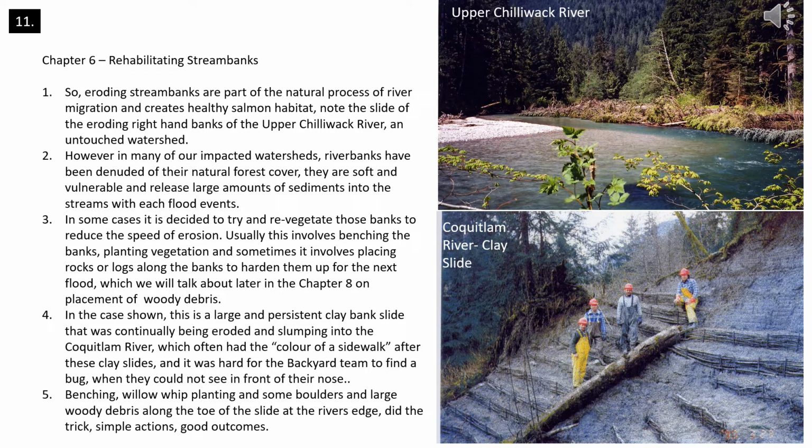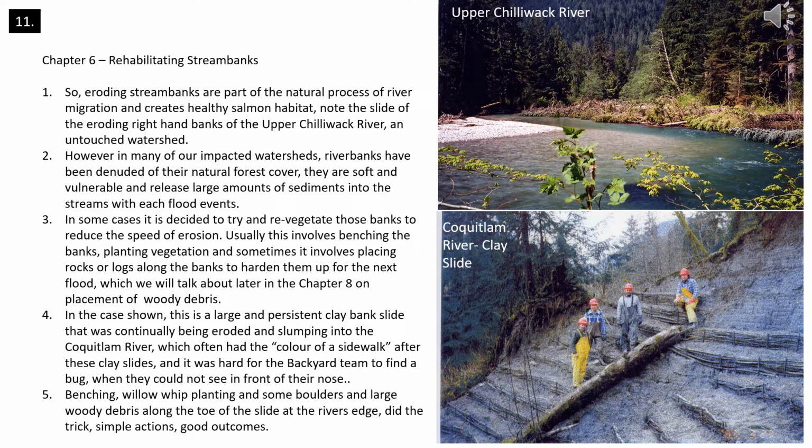Now, in some cases, it is decided to try, and it's not easy, it is challenging, to revegetate those banks to reduce the speed of erosion in special cases where that erosion and the materials entering the stream are unacceptable.